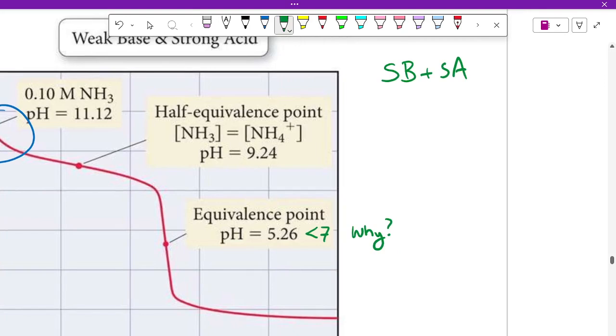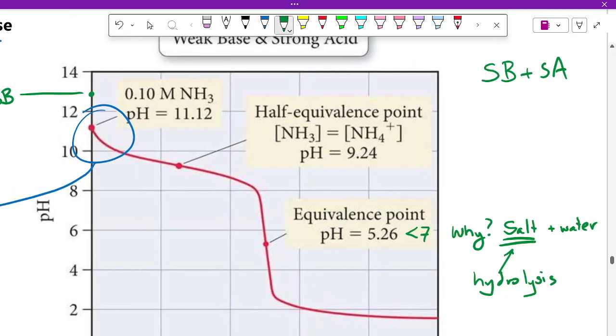At the equivalence point, you should be thinking, I have no acid, I have no base, I only have the salt plus water. And when you see a salt, you should be thinking hydrolysis. And if this was NH3 plus HCl, that's our weak base plus our strong acid, what are our products there?